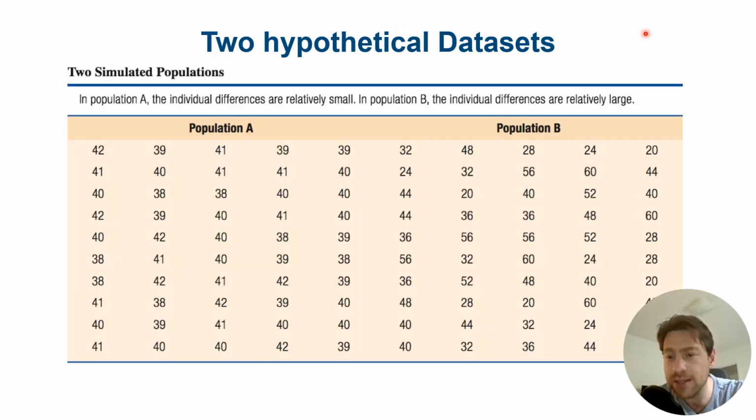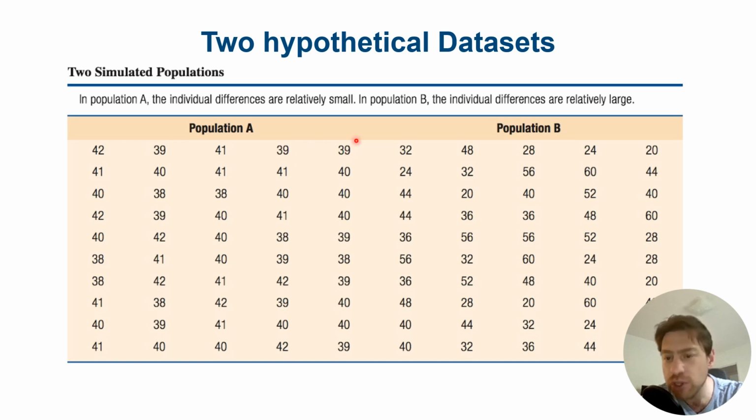So let's take another very, very similar example. Again, imagine you have two populations, population A and population B. And suppose that in population A, the individual differences are relatively small. And you can see that just by looking visually at these scores. They are all very similar to each other.